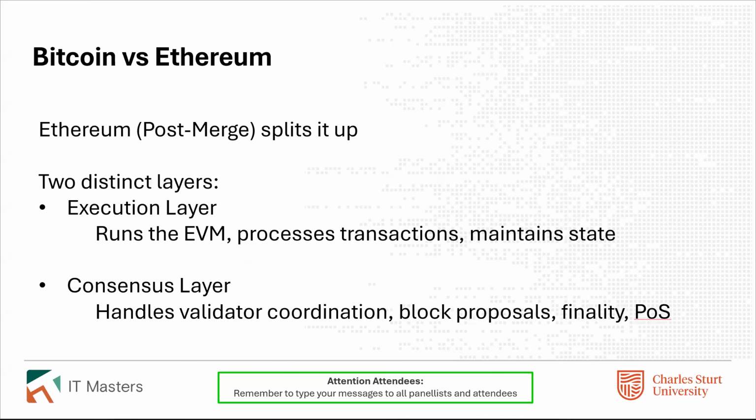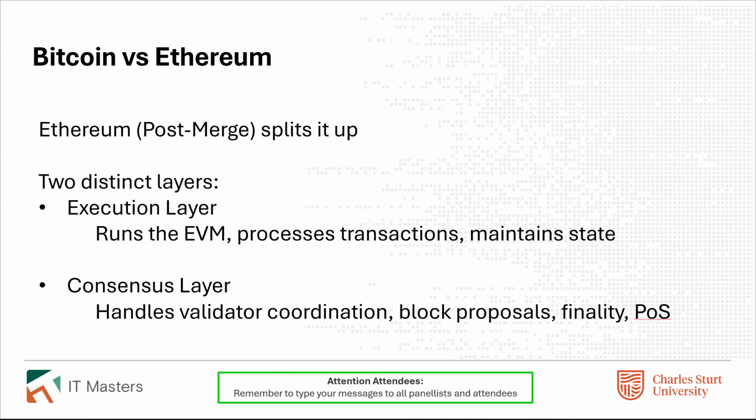And if we compare that to Ethereum post-merge, so after 2022, it has 2 distinct separate layers. One's called an execution layer, which runs the virtual machine. It's an EVM. I won't get too technical into that, which processes the transactions and maintains the state of the network.